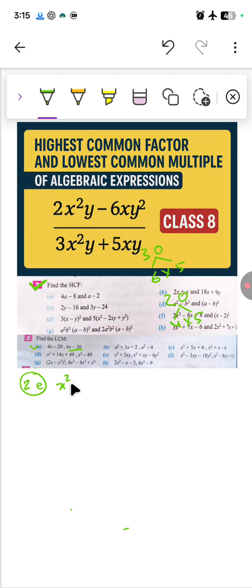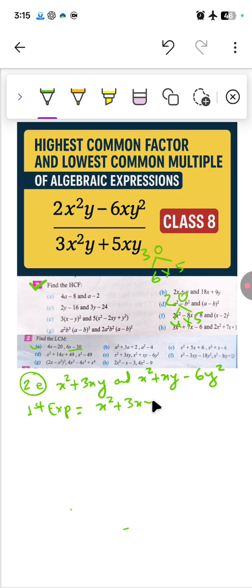The question is given: x square plus 3xy is the first expression, and the second expression is x square plus xy minus 6y square. So first expression I'm going to write in product form, x square plus 3xy.